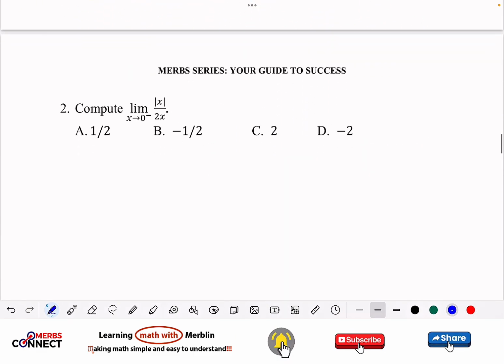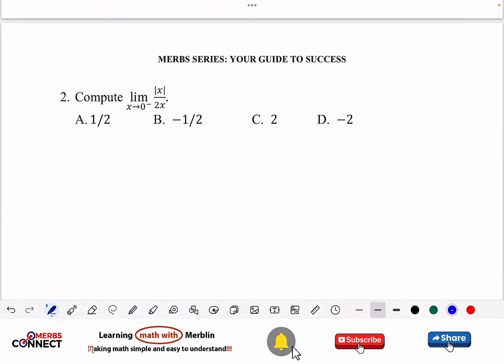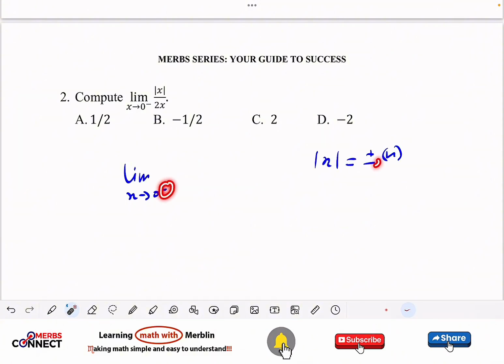Let's go through quickly. Now I want to find the limit. So this one, I will show you the shortcut. Limit as x is approaching 0 from the negative side. Now, anytime you see this one here, it's telling us that we want to pick the negative side. So absolute value goes with plus or minus x. So this is telling us that we need to pick the negative one. So this one, we are going to pick negative of x divided by 2x.